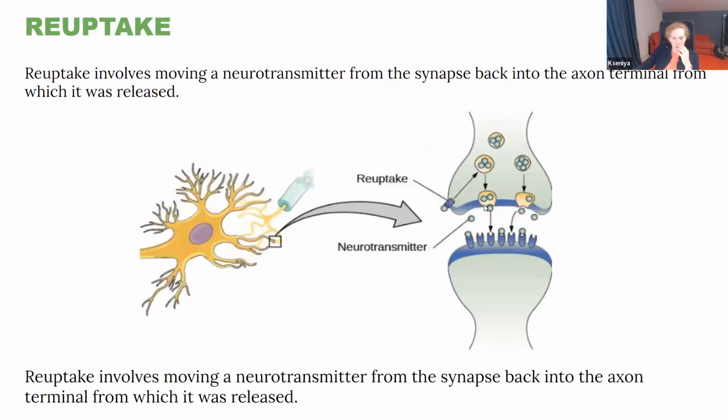Okay, so after the neurotransmitter is released, we always have the reuptake process, but some molecules can be held by the receptors of the postsynaptic neuron. So it's a usual process. We usually use almost the same molecules here.